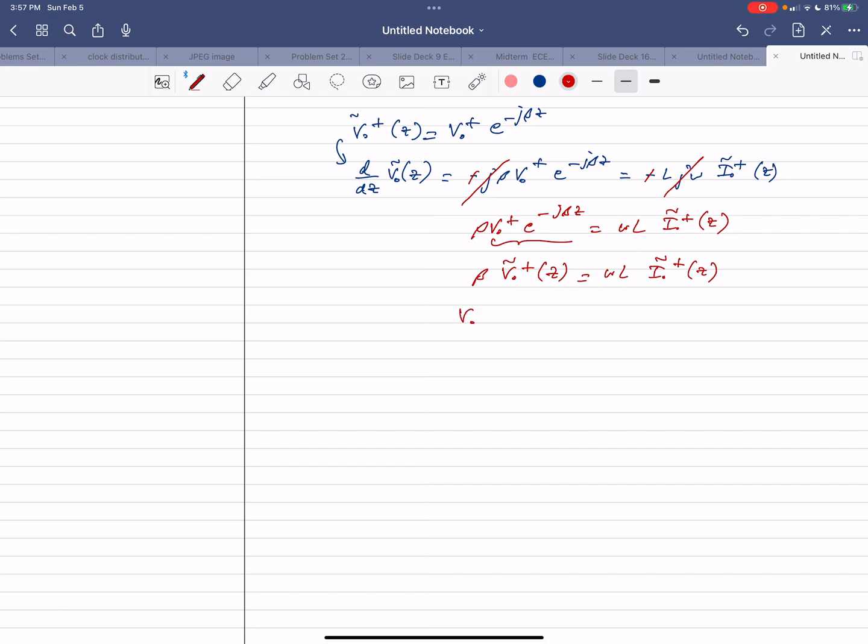So this is the phasor notation for the voltage divided by the phasor notation for the current. Voltage over current ends up being omega L over beta.